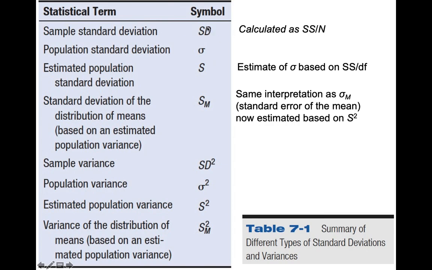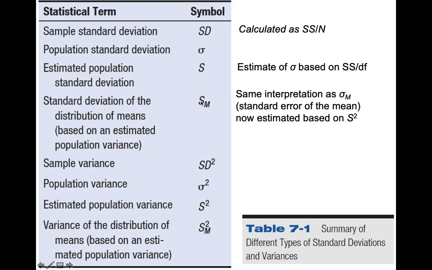This would be the first way we learned how to calculate standard deviation, based on the sum of squares divided by n. Population standard deviation is sigma. The new term that we have in this lecture is the estimated population standard deviation, and the parallel term would be the estimated population variance. This is based on the sum of squares divided by degrees of freedom. Same thing, sum of squares divided by degrees of freedom.